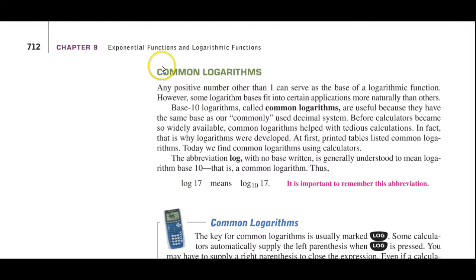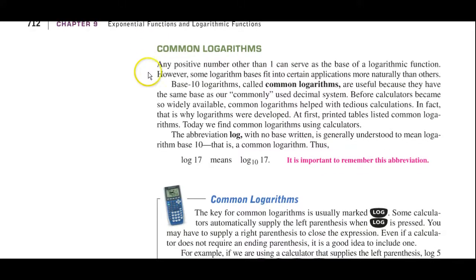All right, common logarithms. I'll pause it here, and I would suggest you pause it as well as you look at what is written up here and read it over.